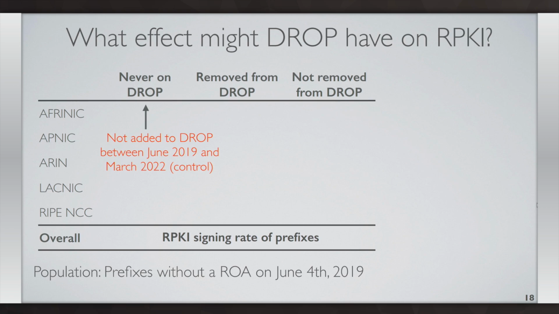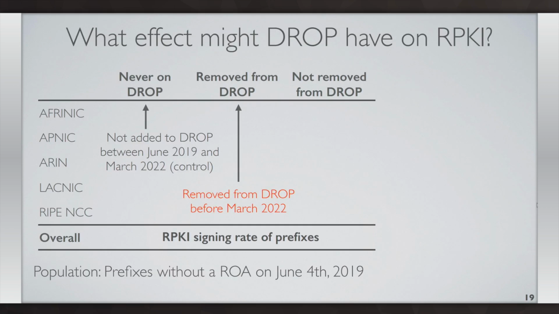So in the time frame of our measurement, from June 2019 to March 2022, they were never on DROP. This is going to be the base case, where we expect most of the prefixes to be. The second is the prefixes that were removed from the DROP list at the end of our measurement period. And finally, prefixes that were not removed from DROP at the end of the measurement period.